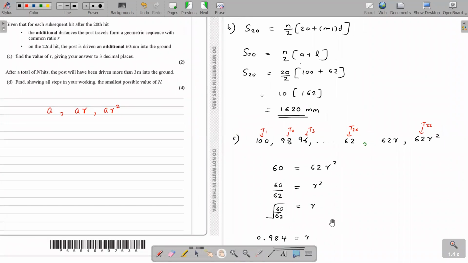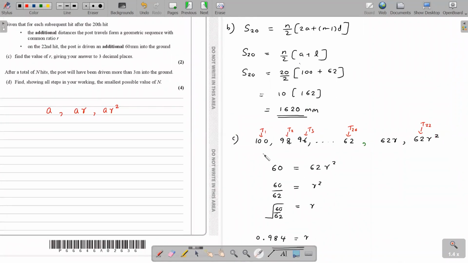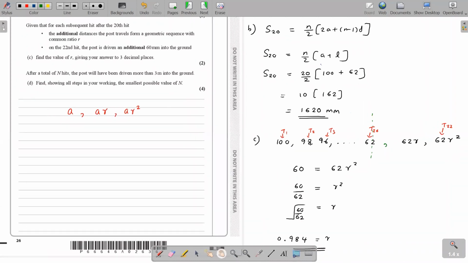Now, first of all, I think you can see in the first 20 hits we had an arithmetic sequence. So until this point, it's arithmetic. After this point, it is geometric. From the arithmetic sequence, how much of a distance did we go inside the ground?